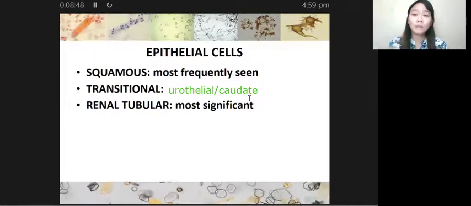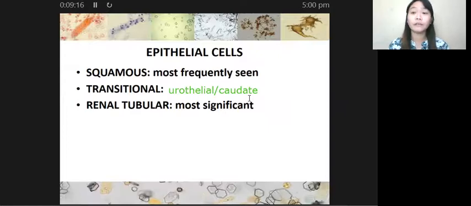Now, when it comes to the significance of your transitional epithelial cells, they are not significant in small numbers. However, they are significant if they are present in high numbers. High numbers, because normally those linings desquamate.